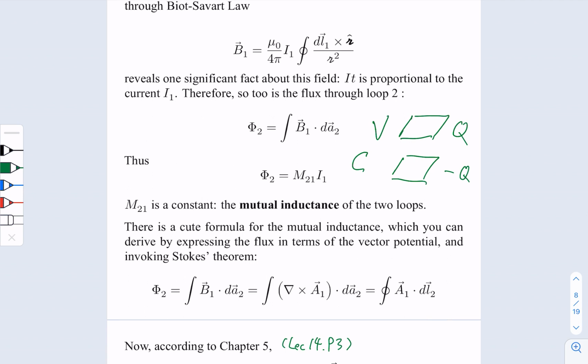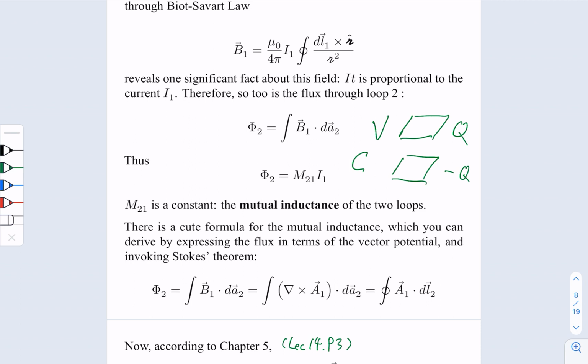Now instead of writing this B dot dA, we can also rewrite the magnetic field in terms of the vector potential for that magnetic field, which is del cross A. And using Stokes' theorem, we can convert the area integral to a line integral.